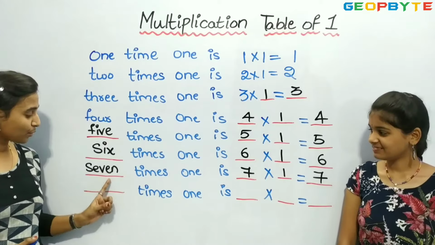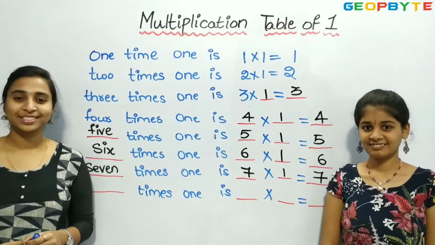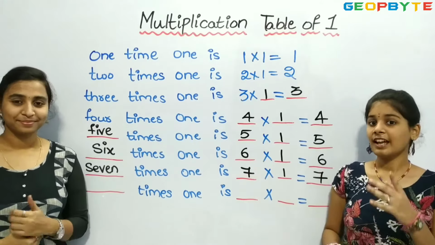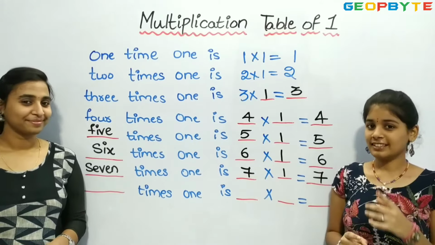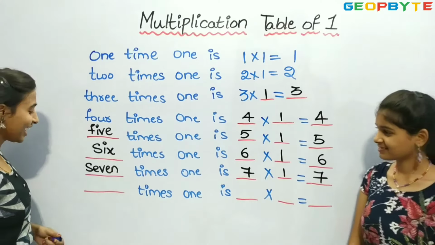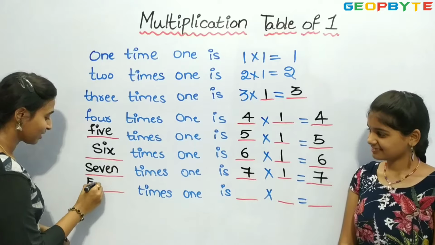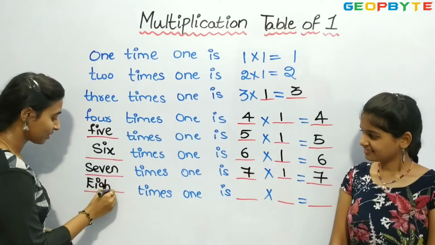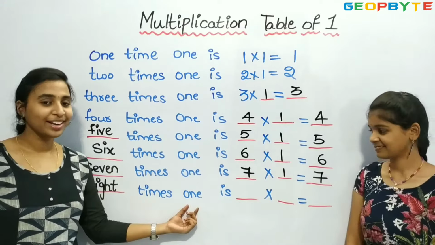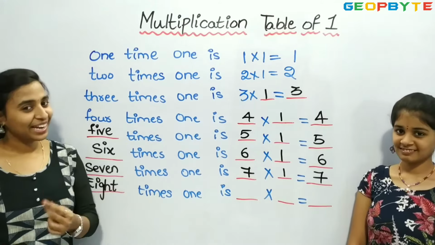So after 7, which number comes? Yes, we will get the number 8 after the number 7. Let us write 8. So children, 8 times 1 is nothing but 8 into 1.